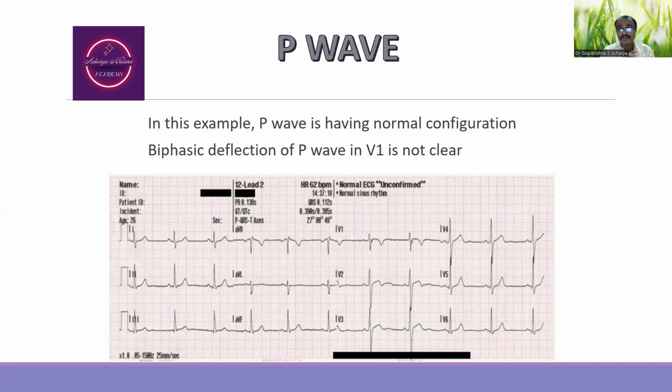Whereas in case of V1, we are going to see the biphasic picture. That means initially there will be upward deflection, later followed by downward deflection, indicating right atrial depolarization first, followed by left atrial depolarization. That is the typical nature of V1, the biphasic deflection of the P wave.